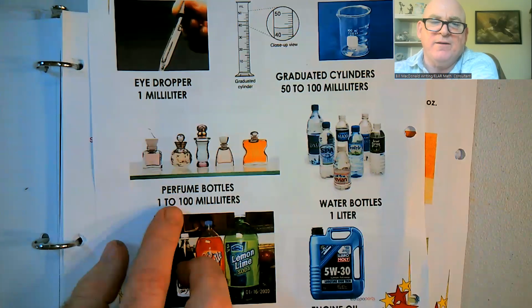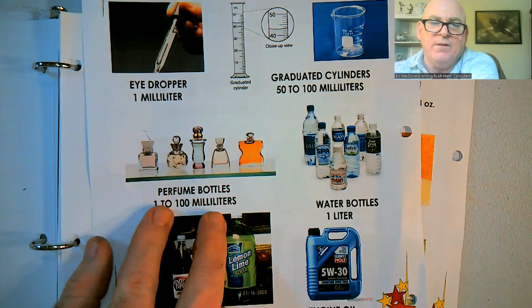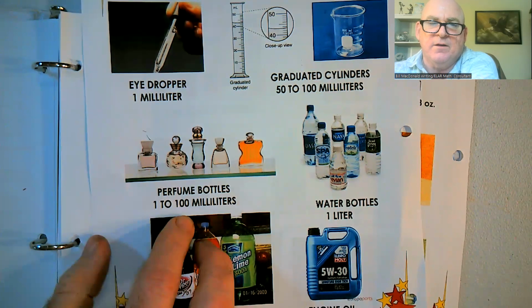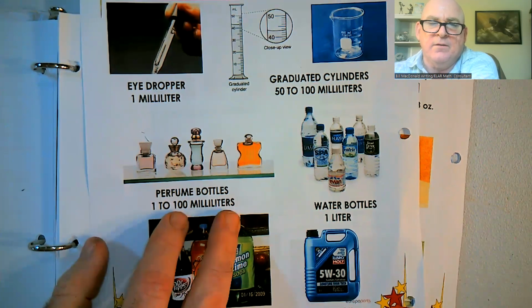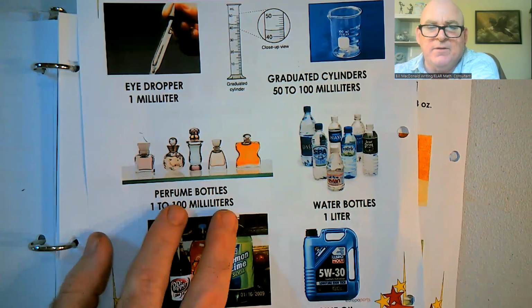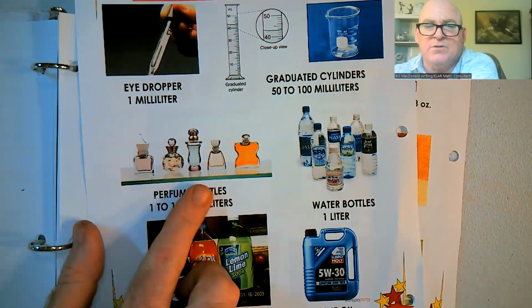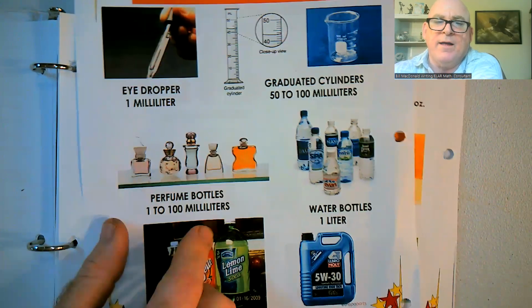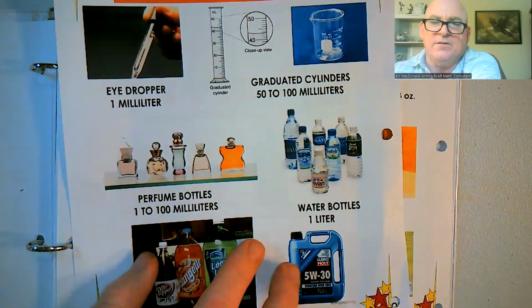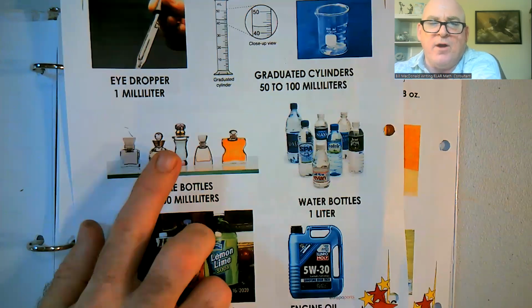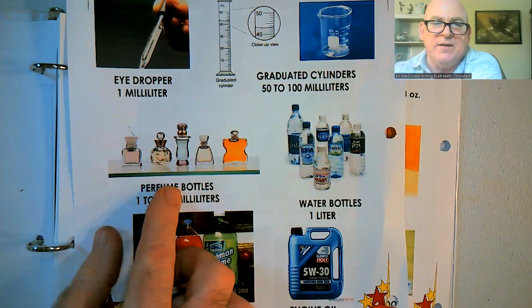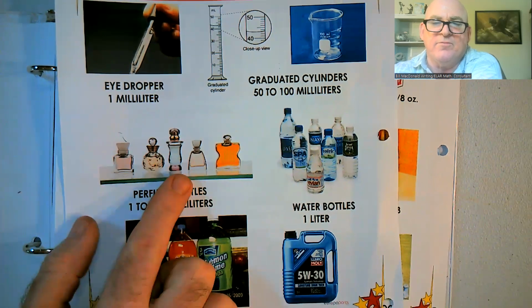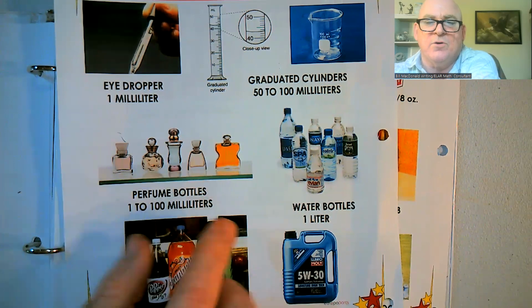Perfume bottles can be very tiny, from 1 milliliter up to 100 milliliters, very expensive. And that's one of the reasons they probably sell them in such small bottles, because you're basically paying for a brand instead of necessarily quality. I can probably buy the same scent at the Dollar Tree that somebody would have to pay hundreds of dollars for in a fancy store.